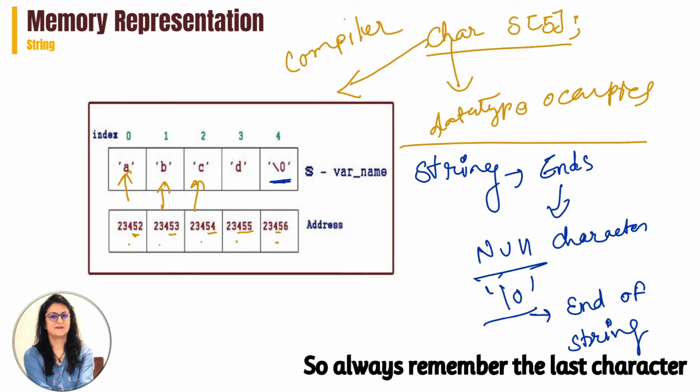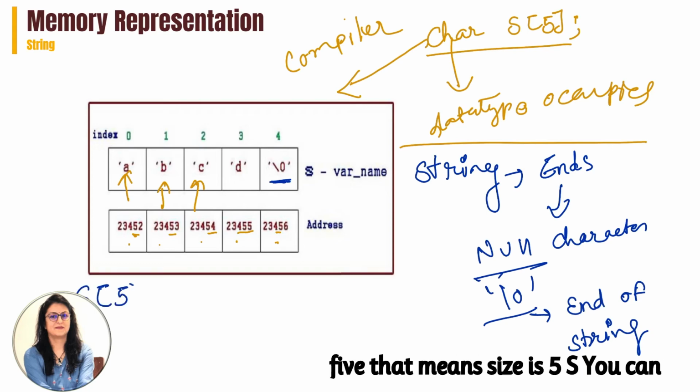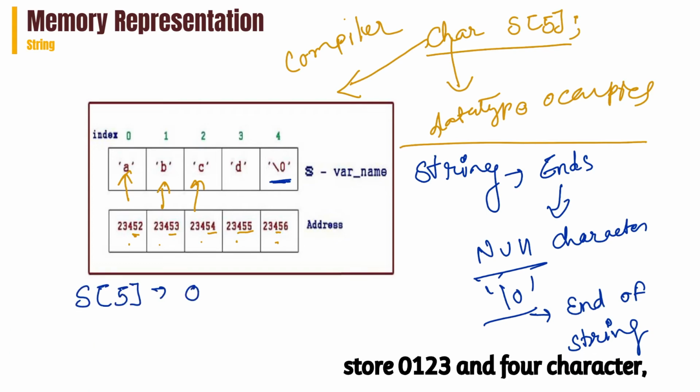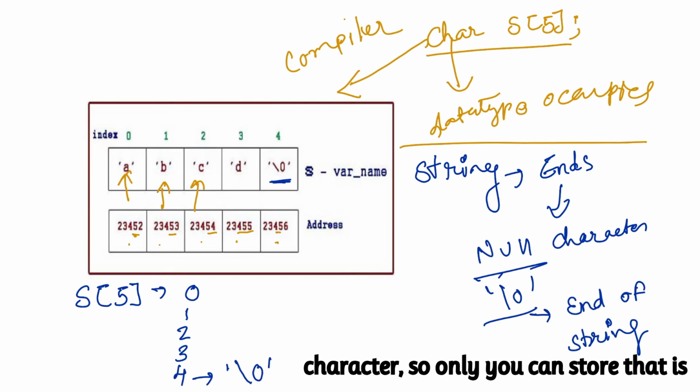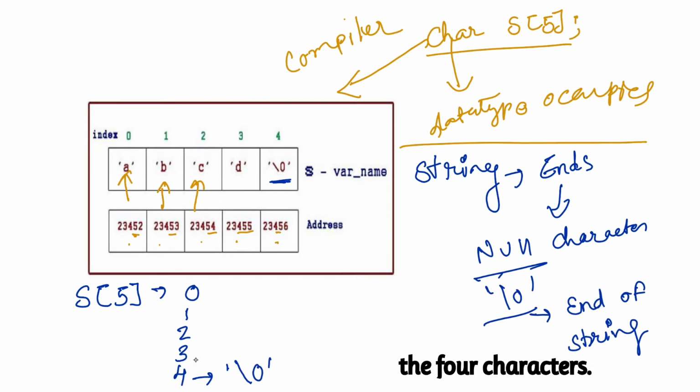So always remember, the last character will always be the null character. In this example, we have declared s of 5, which means the size is 5. So you can store indices 0, 1, 2, 3 and 4, but index 4 will always be the null character. So you can only store 4 characters.